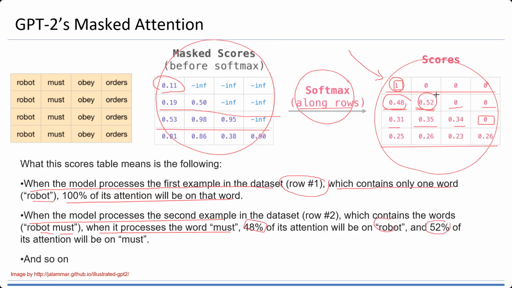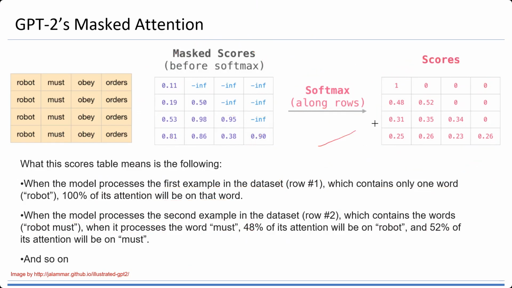So what is the interpretation of row number 3? Row number 3 means the word obey. We can say that the attention to the word robot is 0.31.